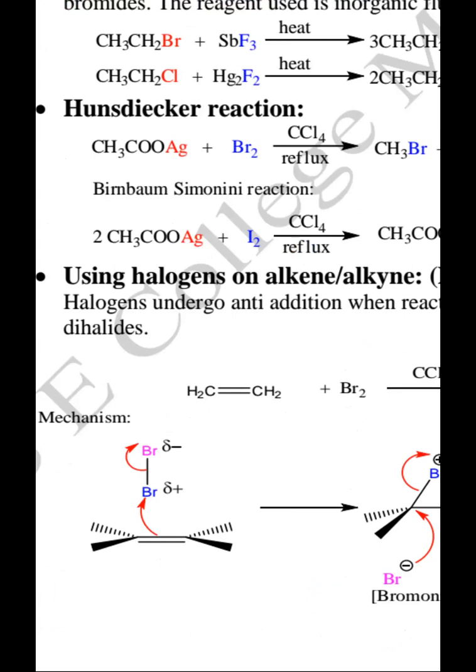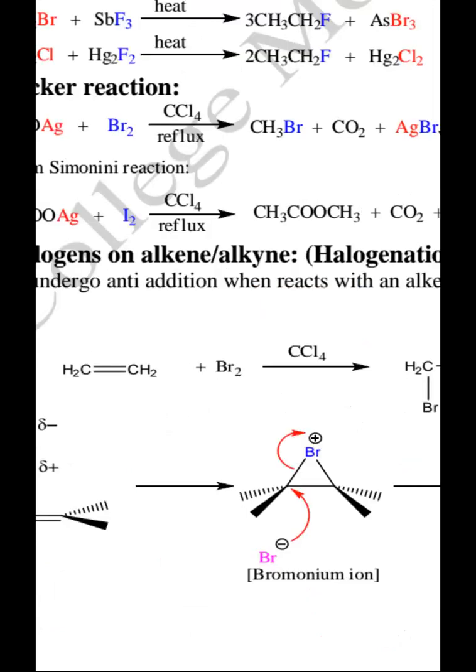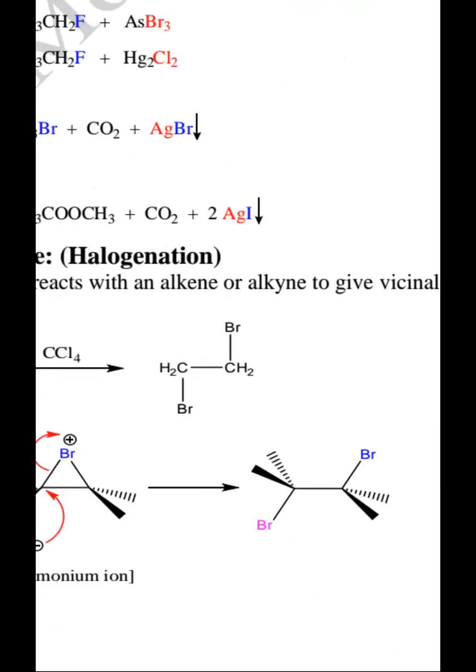The Br which is delta negative goes out in the form of Br minus. The Br having delta positive charge forms a bromonium ion, which is unstable and is attacked by the Br minus ion further, producing this particular product where we can see the two bromine atoms are anti, or opposite in direction, to each other.